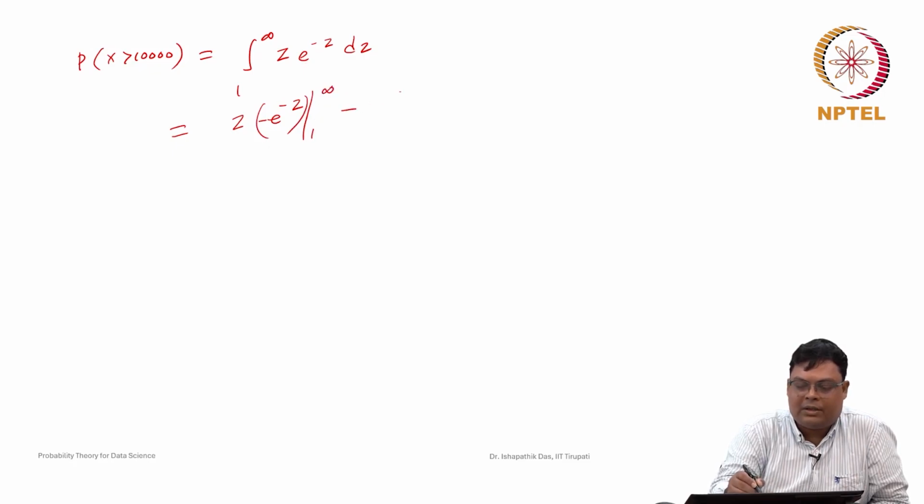So, then minus 1 to infinity, derivative of z is 1 and integration of e to the power of minus z, minus of that, then this will be dz. So, if you put this limit, whenever z goes to infinity, this goes to 0, but this limit of z e to the power of minus z as z goes to infinity, this will be 0. We can use L'Hospital's rule to find the limit.